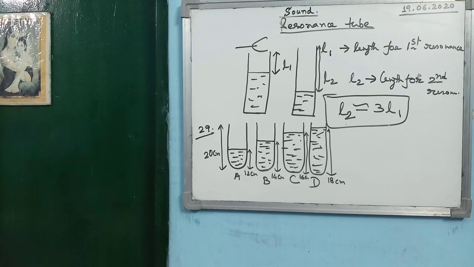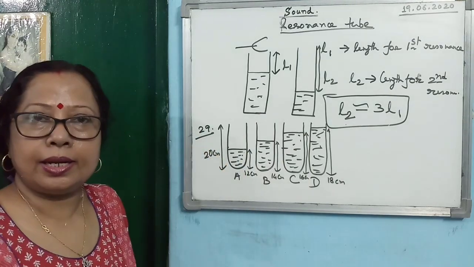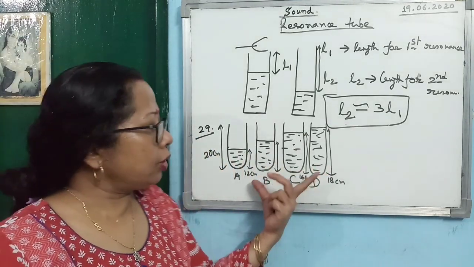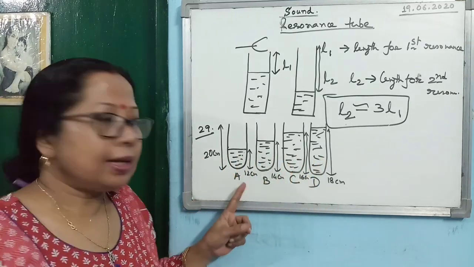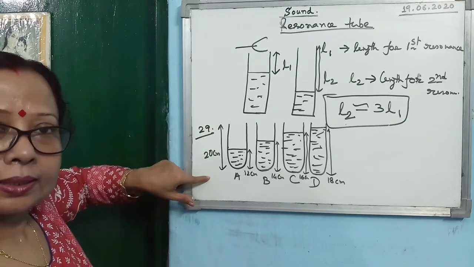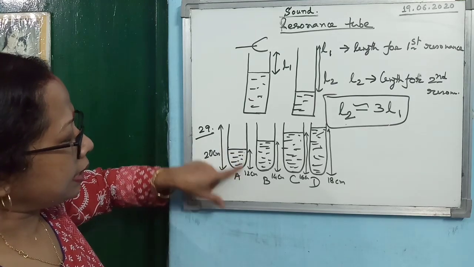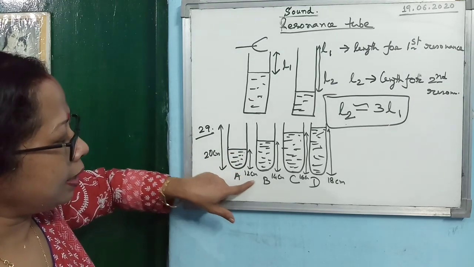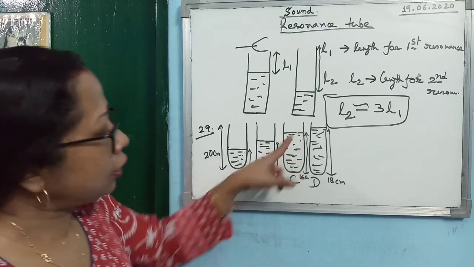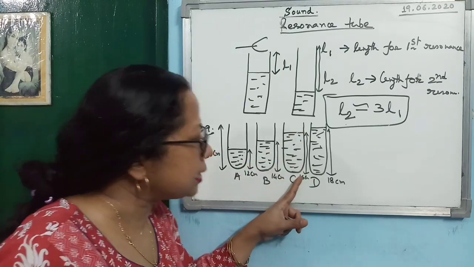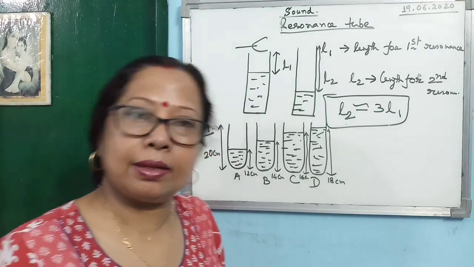Now consider an example of this. Question number 29 in your book. So what is given in question number 29? There are 4 identical test tubes, each of length 20 centimeter. I have shown it in the diagram. Now the length of water column in A is 12 centimeter, in B is 14 centimeter, in C is 16 centimeter, and in D is 18 centimeter.